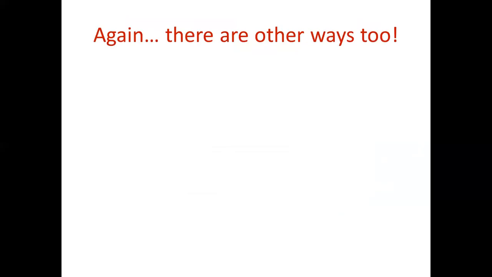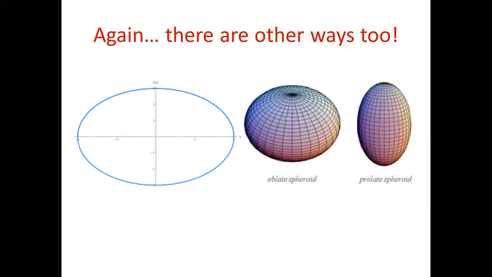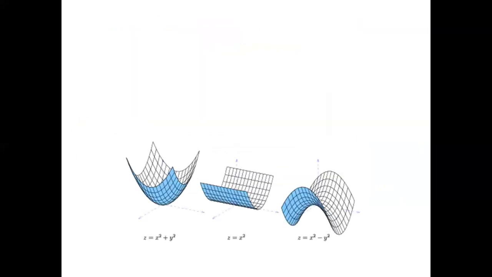And again, there are other ways too. We can take an ellipse, put it on a Cartesian coordinate system, and we can give its coordinates, or we can form another coordinate system according to the measurements of an ellipse, and in 3 dimensions it would become an ellipsoid or spheroid, whatever you want to call it. And again, we can have a parabola, and taking it into 3 dimensions, we can form paraboloidal shapes, and we can use them to describe points.